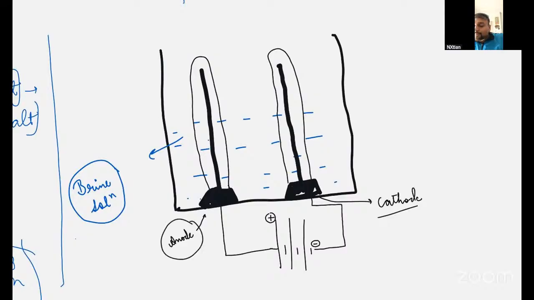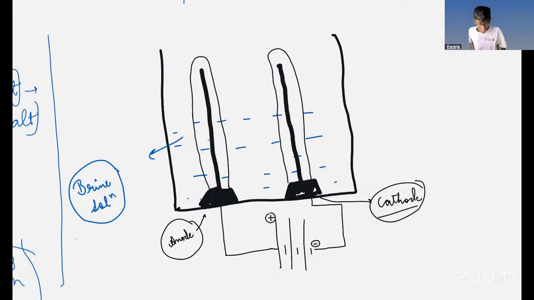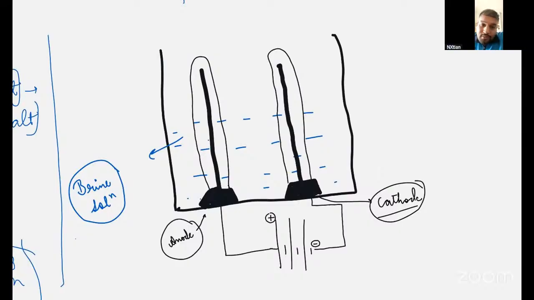Got it, guys? So anode is the positive terminal and cathode is the negative terminal. It's basically like a 9-volt battery.